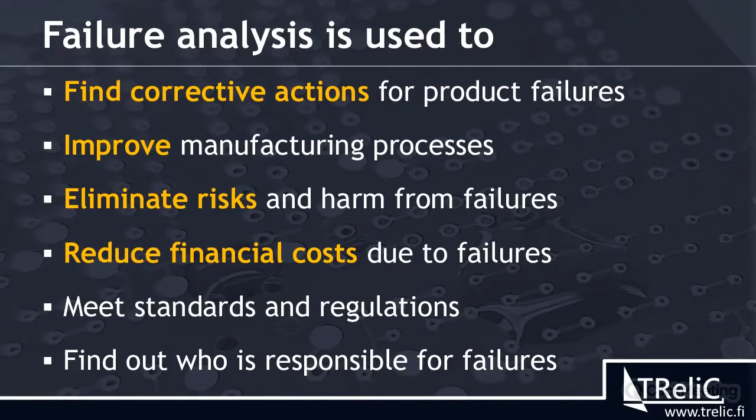It can be also used to improve manufacturing processes. So sometimes we see failures already during the manufacturing, and then we can check, for example, why this happens. We can maybe change the processes and this way improve it and make it more reliable.